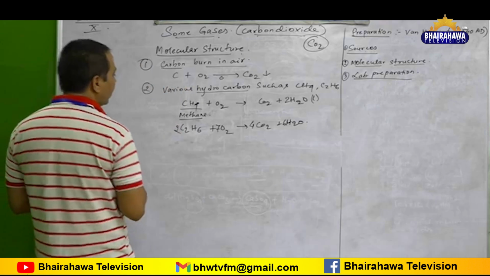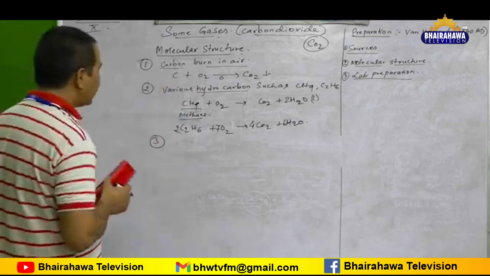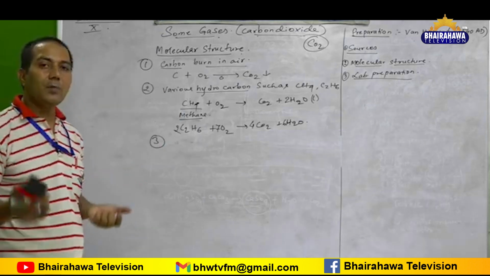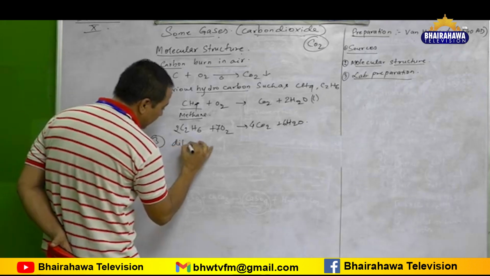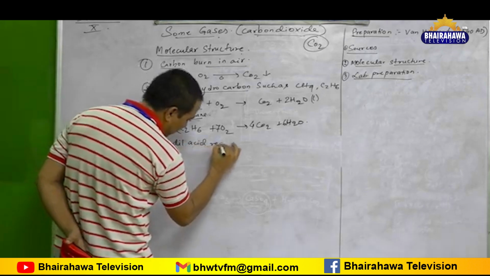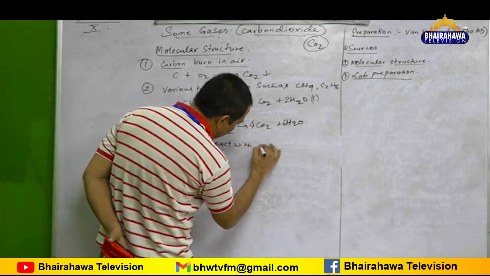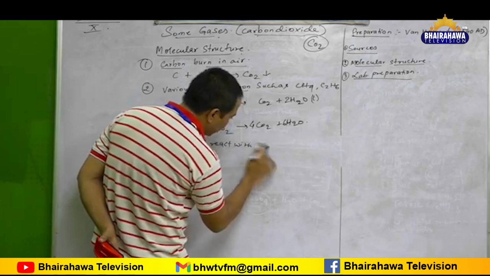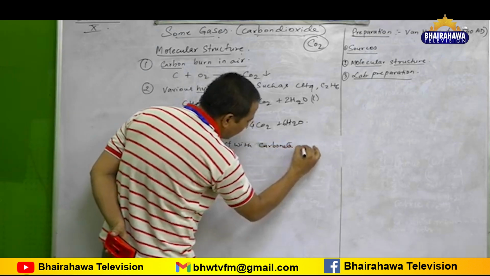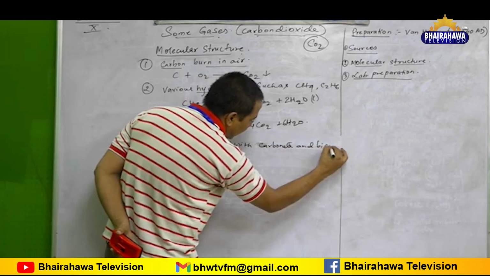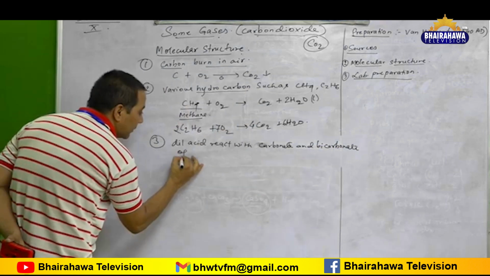Then the another one is when dilute acid reacts with a carbonate or bicarbonate of metal.